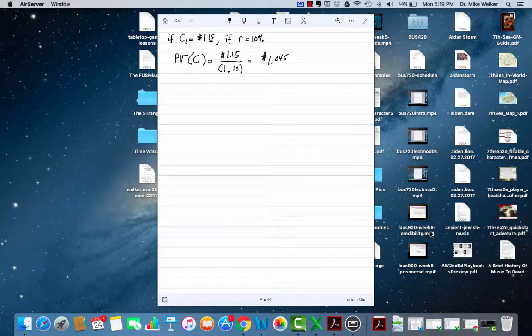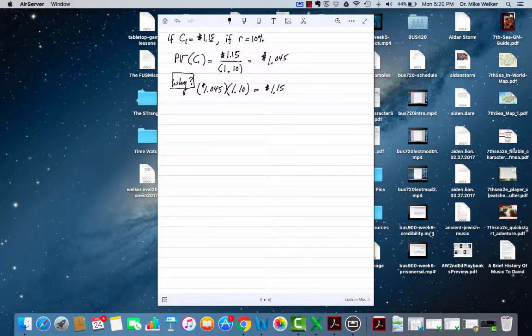So you wouldn't care if you had $1.045 now or $1.15 in one period. Why don't you care? It's not apathy, it's indifference. Here's why. That $1.045 times 1 plus the interest rate is equal to $1.15.